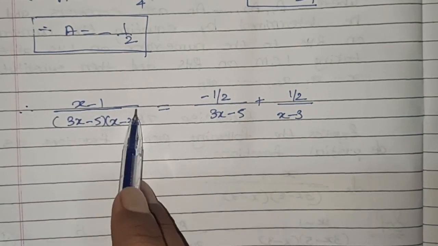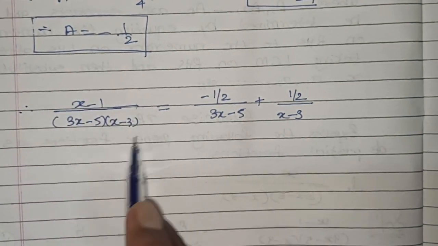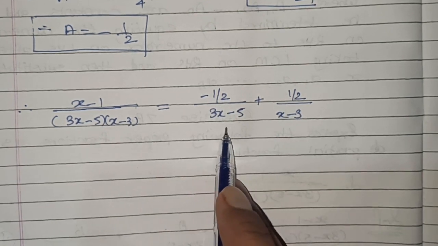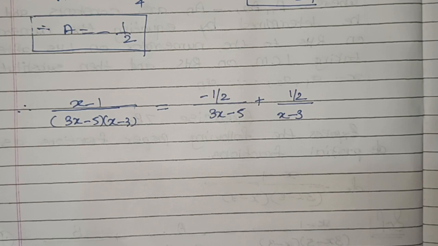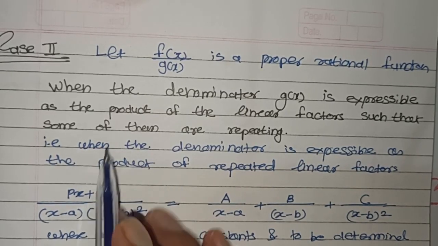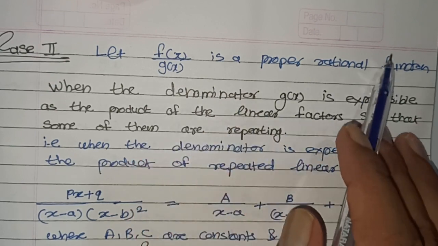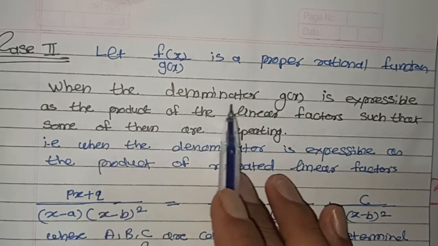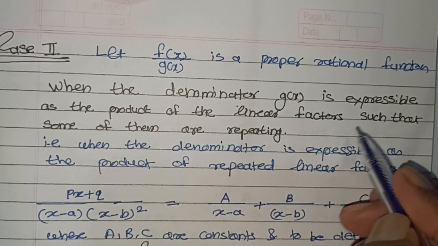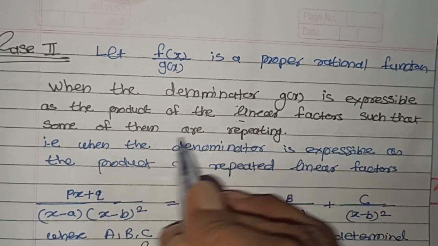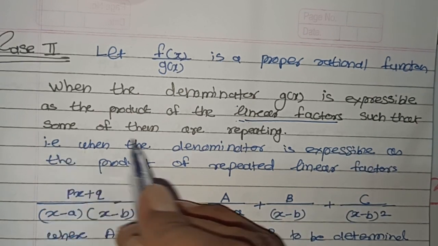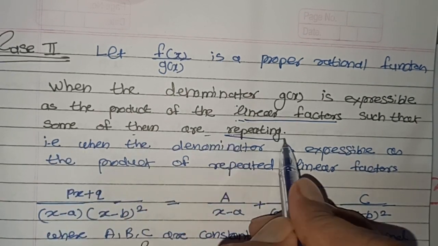Proper rational fraction into partial fractions. Case number 2: if in a proper rational function the denominator g(x) can be expressed as a product of linear factors, in that some of them are repeating.